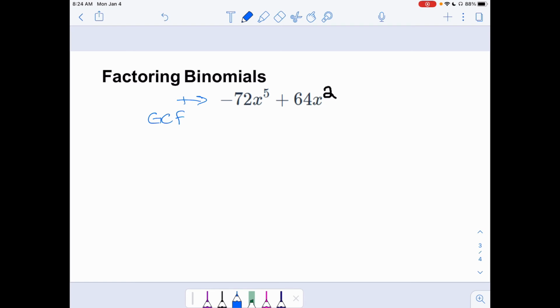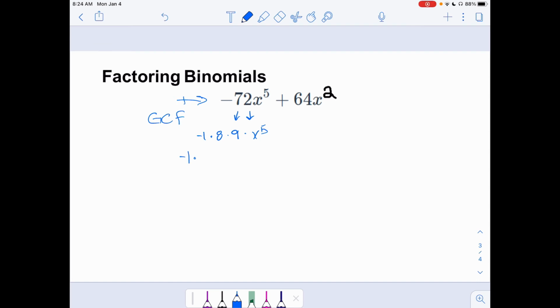So watch this. Negative 72x to the 5th. The first way I'm going to break that up is negative 1 times 8 times 9 times x to the 5th. My first phase of factoring. Let's keep going.